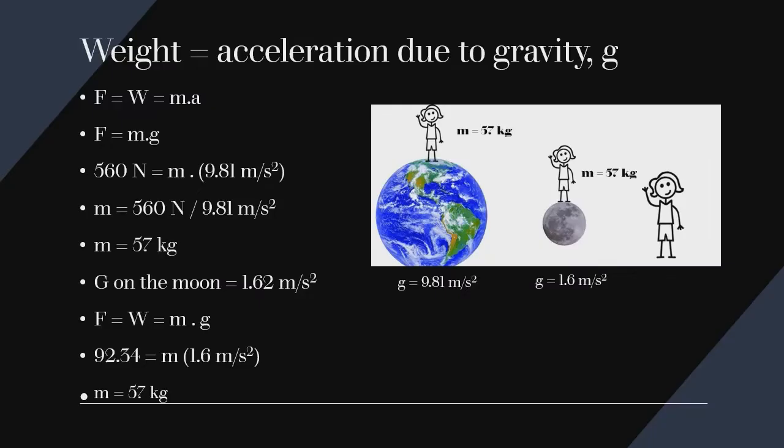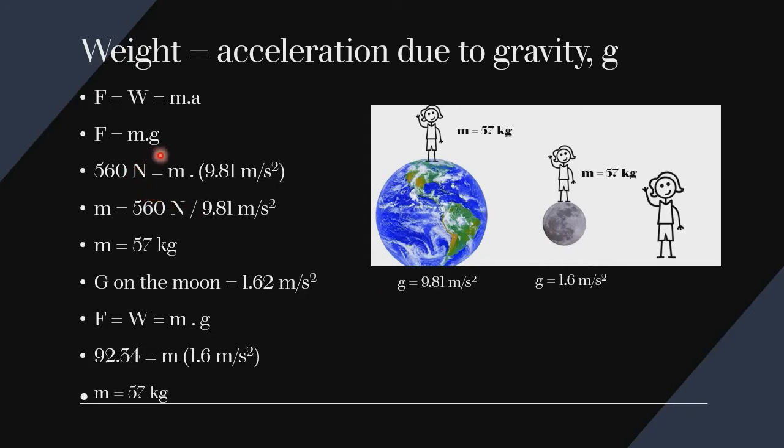And so to illustrate my point, here I have the formula again. Weight is equal to mass times acceleration due to gravity, which is g. And remember that the force or the weight of the person is equal to mass times acceleration. And since this is due to the force of gravity, we change the symbol a into g, meaning this time it is simply the gravitational pull, which is 9.81 meters per second squared.